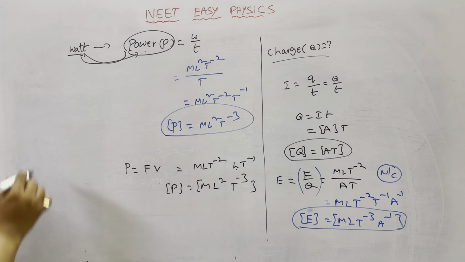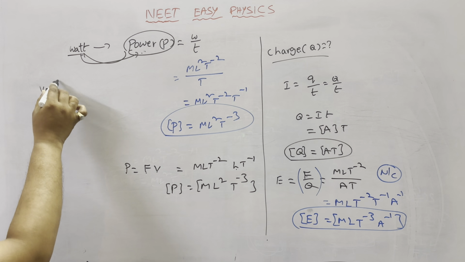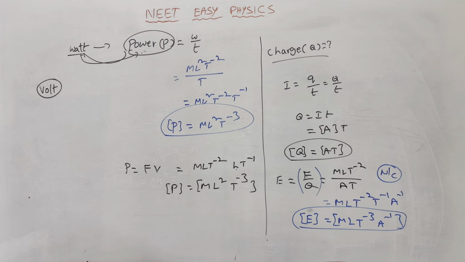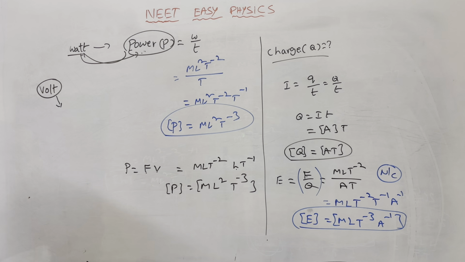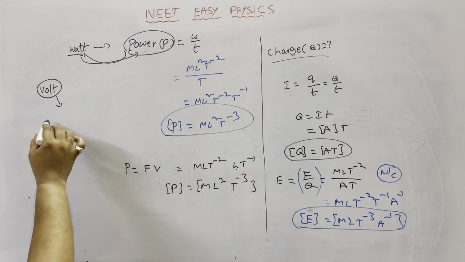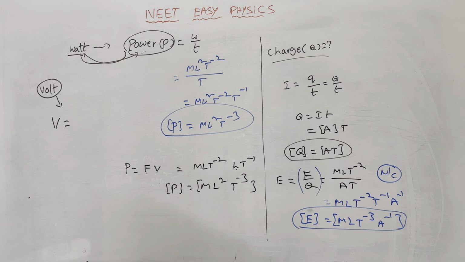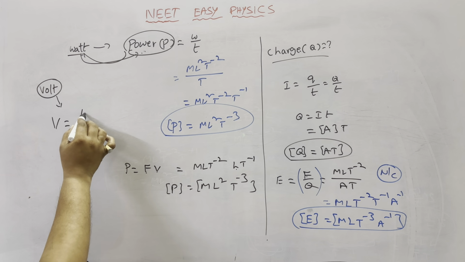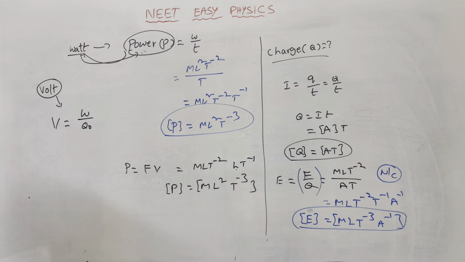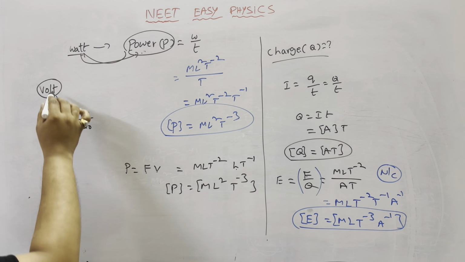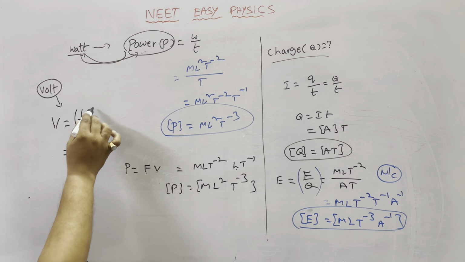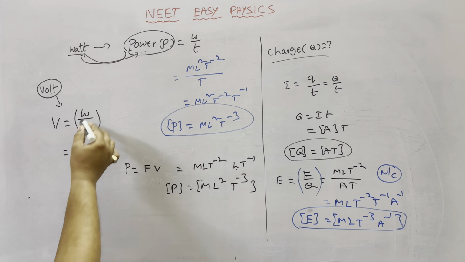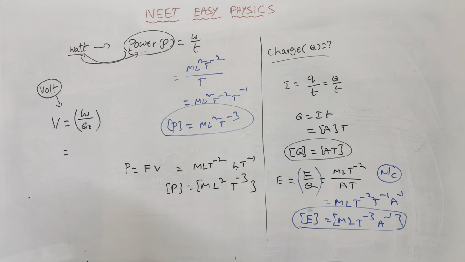Now I am asking, what is the dimension formula for volt? Volt is the unit for which physical quantity? Potential. What is the potential equation? Work done per unit charge, test charge, W by Q naught. Here W means work done.